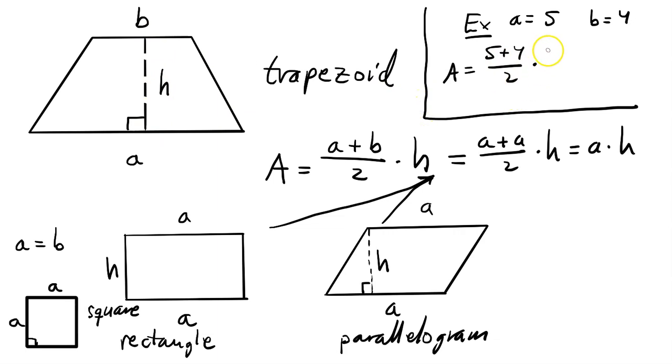Of course the height could be anything, but let's say that the height is equal to 3, because we could place these at any distance from each other we like. So in that case this will be 9 divided by 2, 4.5, times 3. So 4.5 times 3, that's 13.5.